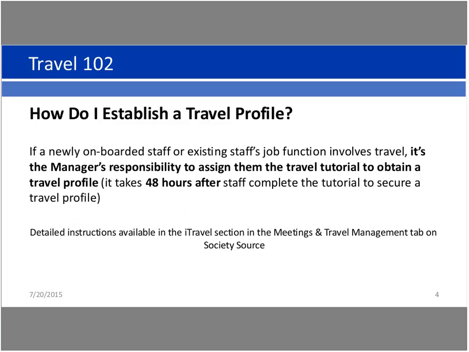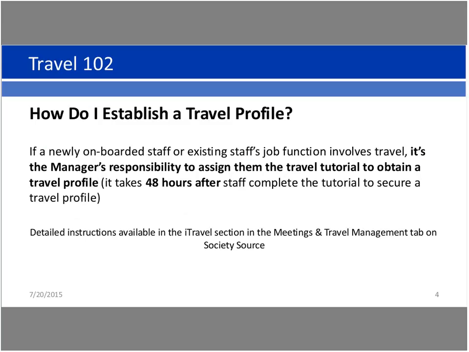Once you've completed the training, it takes about 48 hours from the time the tutorial is completed to actually secure a travel profile. So to avoid delay in staff booking their own travel or having to arrange travel for other staff, managers should be sure to plan ahead and identify early on which staff needs a travel profile and then assign them the travel tutorial.